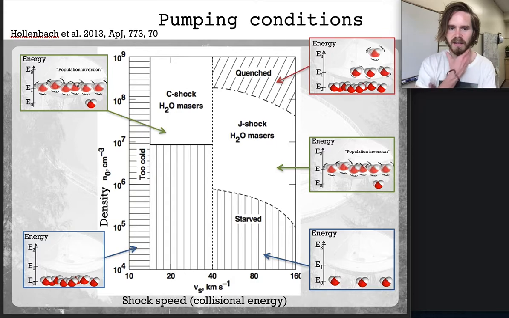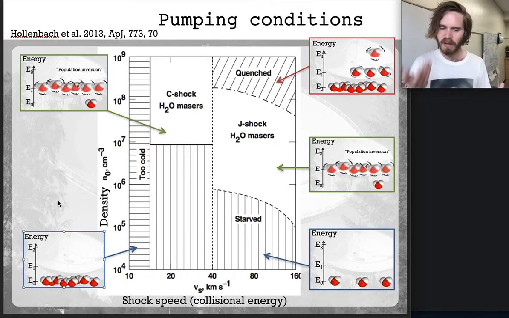So I'll start, where shall I start? I'll start with the bottom left case. If you can see my cursor, it's this little blue square down here on the bottom left. The parameter space that we're looking at here, on the x-axis we have shock speed, and on the y-axis we have the density. I mentioned what the energy input to make masers is.